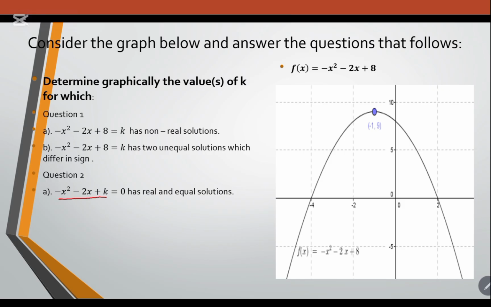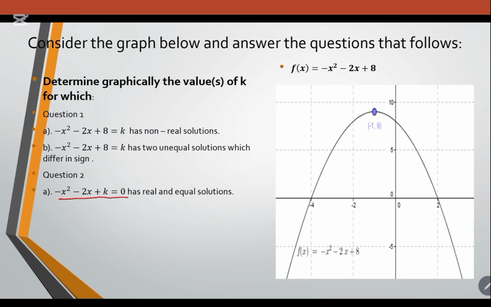This equation comprises expressions that have no relation to the graph that we are given and are supposed to use to determine our solution. Therefore, we need to manipulate this equation such that it satisfies the equation of the graph that is presented here on the right hand side.